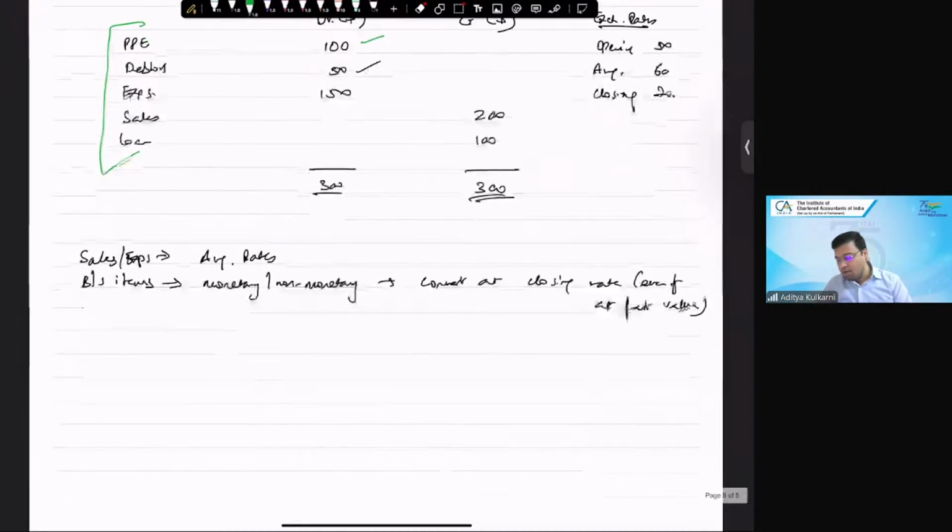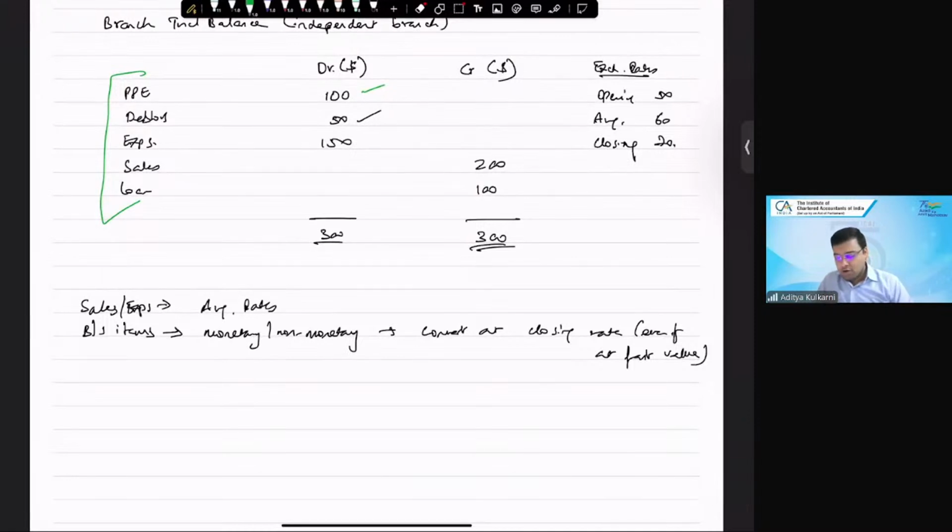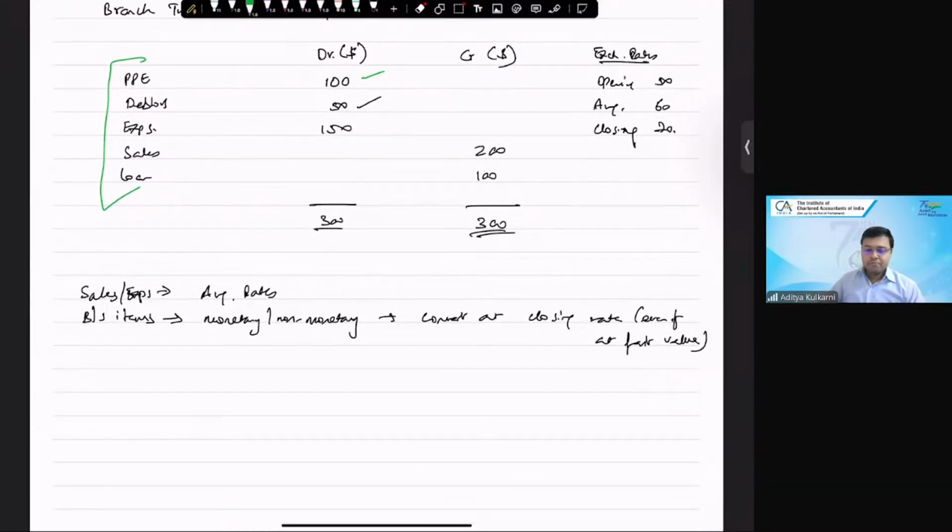All right. So now we move on to the conversion. PPE, debtors, expenses, sales, loan. Debit, this will now be in rupees.